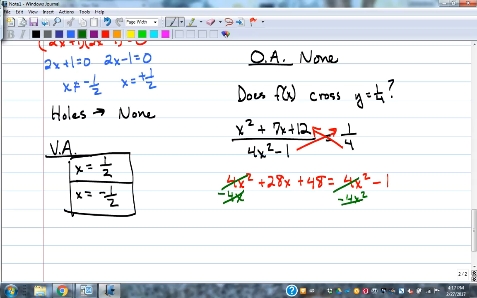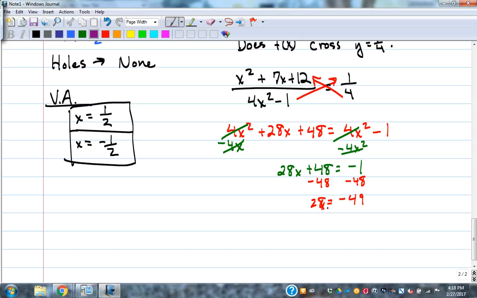The x squareds are canceling out. So that means I can take 28x plus 48 equal to negative 1. Subtract 48. 28x was negative 49. And divide those. And I get an answer.